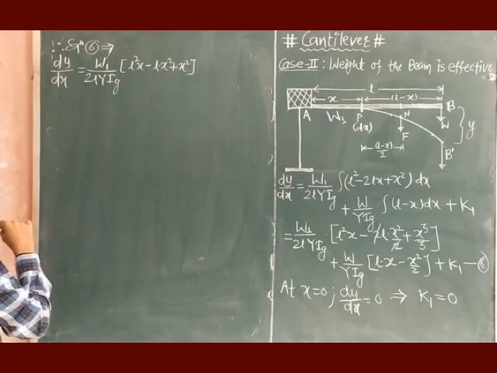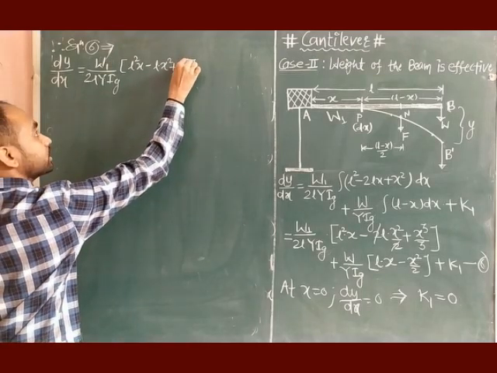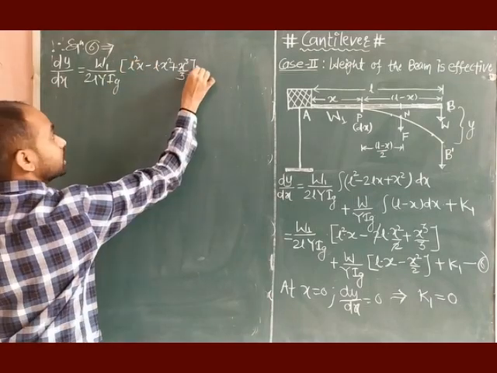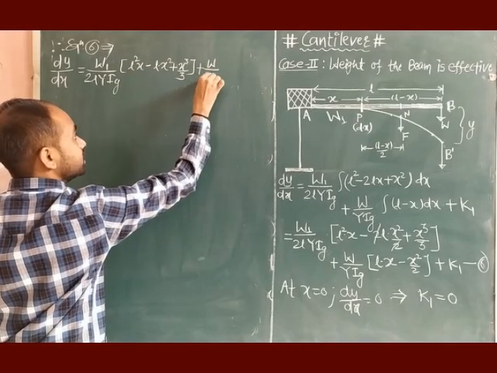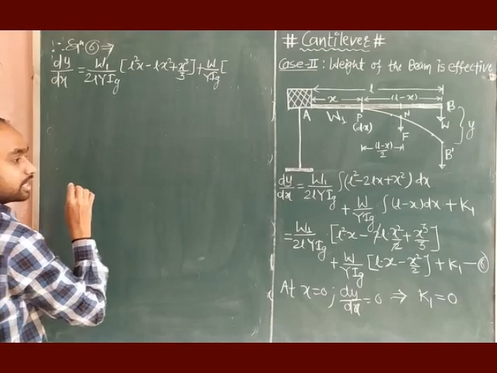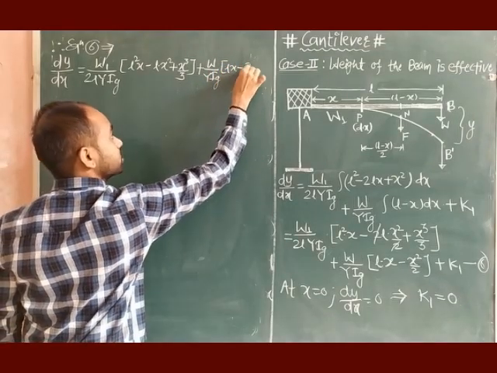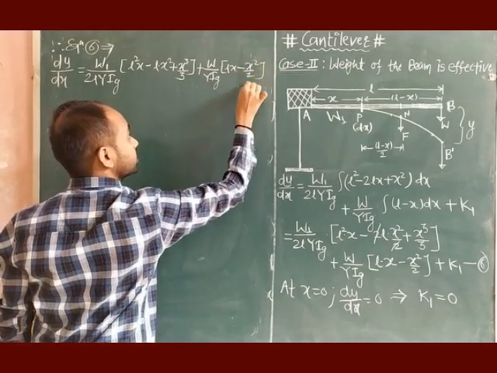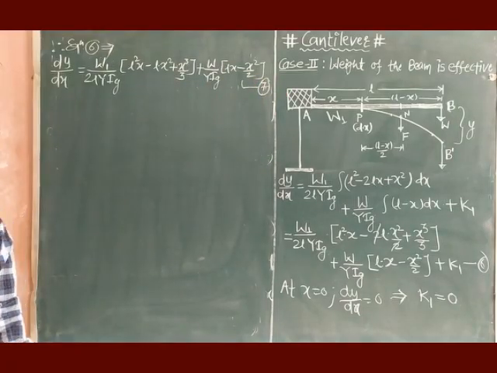Yes, sorry, not x square, it is x cube by 3 because we have taken its integration, x cube by 3, plus w divided by y_ig, the second term, in bracket L x minus x square by 2 after taking integration. Now let us name it as equation number 7.